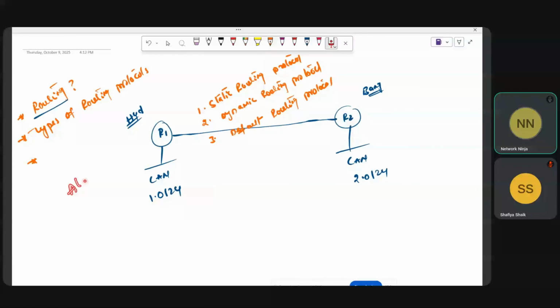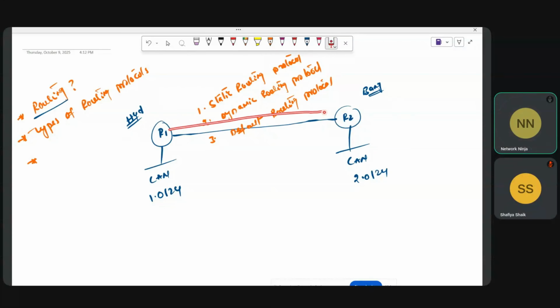Every routing protocol has an algorithm to calculate the best path, and every time the routers use that algorithm, so it is resource usage. But static routing has low resource usage and low overhead, and hence better security, because the network engineer or administrator has to configure it manually.